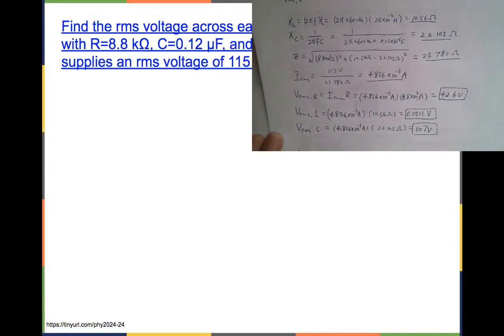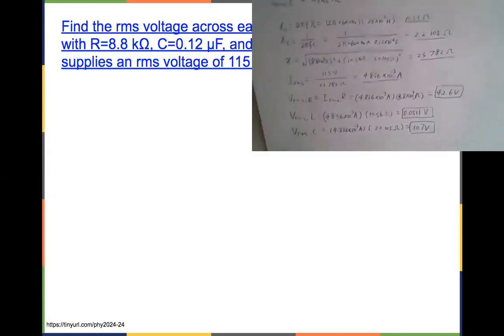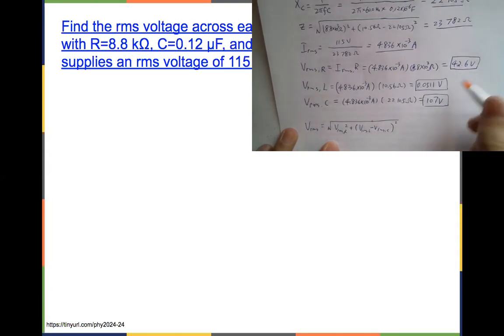The overall V_RMS is equal to the square root of V_R squared plus (V_L minus V_C) squared.